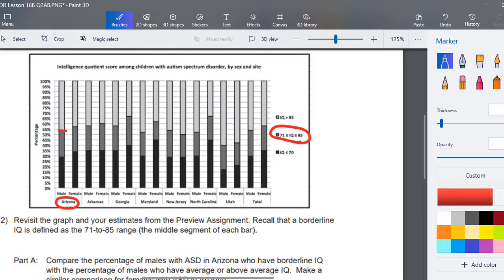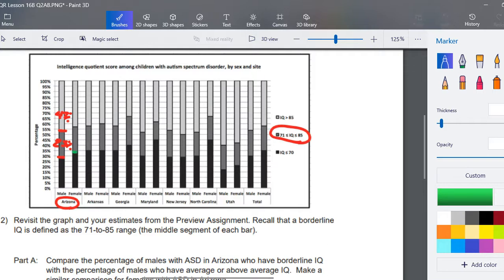So I don't have my preview out. I'm going to go ahead and do a little bit of calculation here. My middle one, and it's going to depend, but if we're talking about 53 minus 30, we're talking about 23%. If I'm calling this 53, then we're at about 47% in this top category.